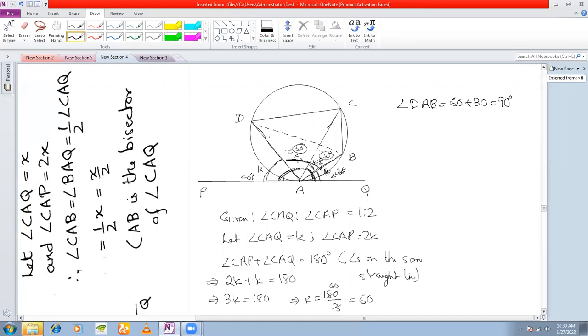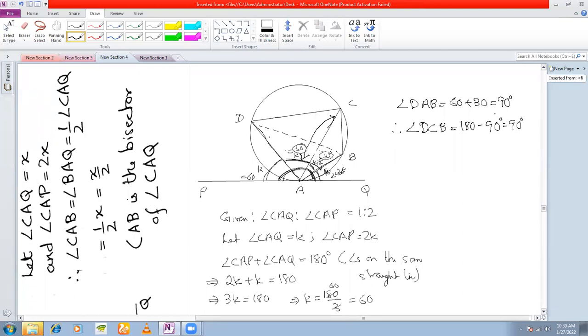Now if this angle is 90 degrees, the angle opposite to it is this angle, and the sum of these two angles must be 180 degrees. So angle DCB must be equal to 180 minus 90. We have found two angles of the cyclic quadrilateral.